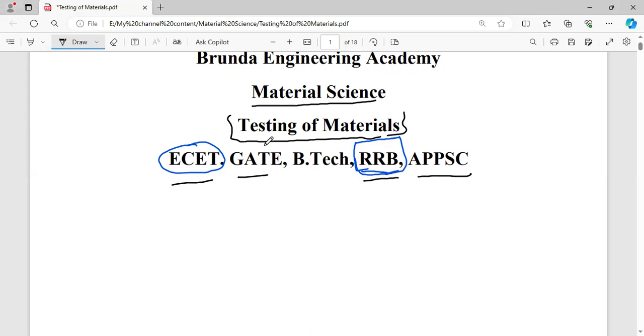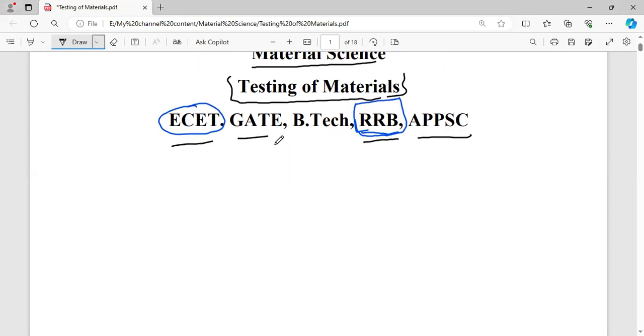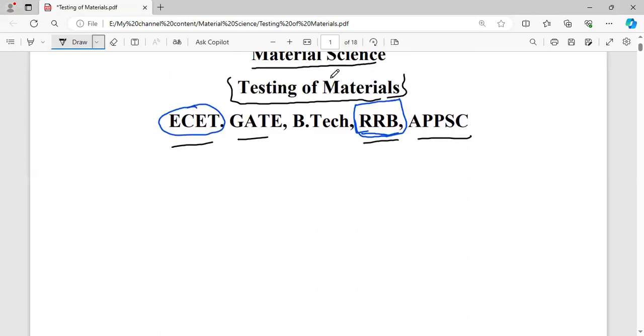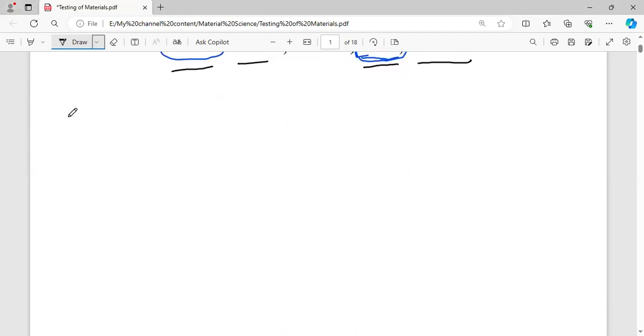So first, testing of materials. Testing of materials means in engineering applications we are using different engineering materials, so those materials can be tested in two different ways. One is the destructive test.